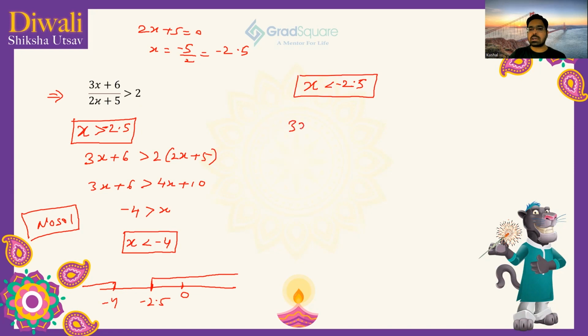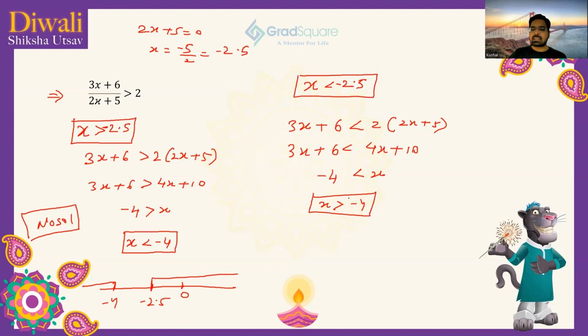So what am I going to take? I'm going to write 3x + 6, reversing the sign of inequality, 2 times (2x + 5). And we will now try to solve this inequality. We'll say 3x + 6 is less than 4x + 10. And what we are going to get is a -4 over here and x. So we are getting x greater than -4.